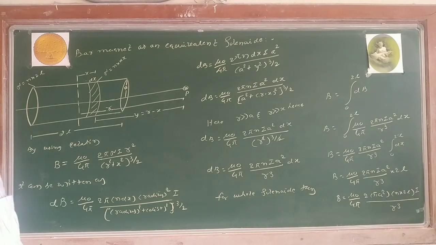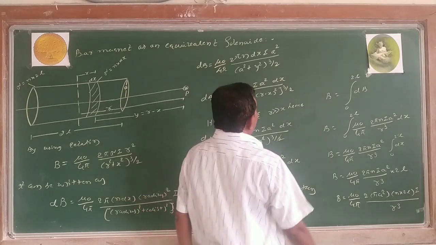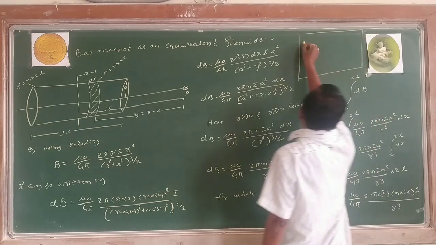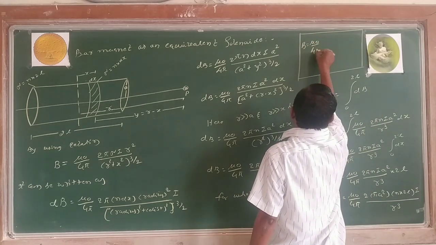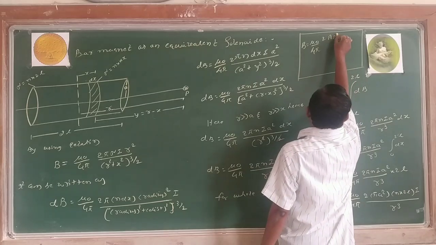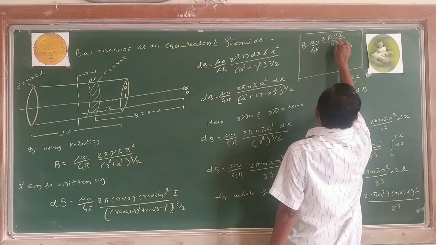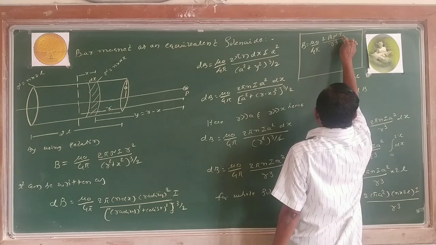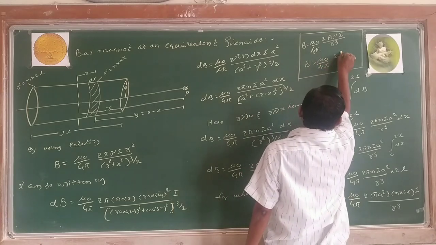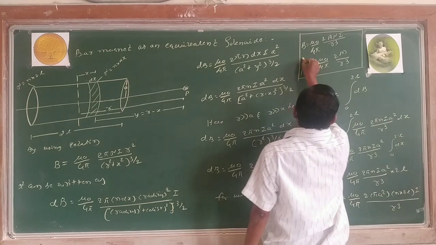Pi a square is nothing but area, and n into 2L is nothing but capital N. I can write the final step here: B equals mu naught divided by 4 pi, 2 times area, capital N, I by r cube. N I A is the magnetic dipole moment for N turns, so B equals mu naught divided by 4 pi, 2M by r cube. This is your equation.